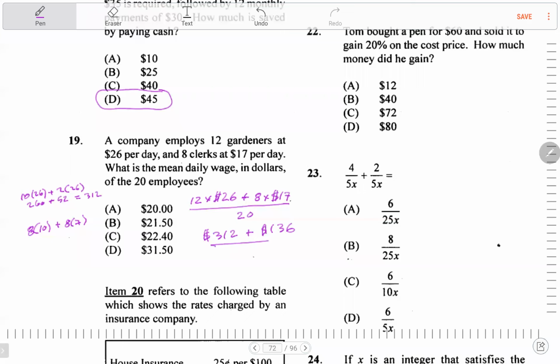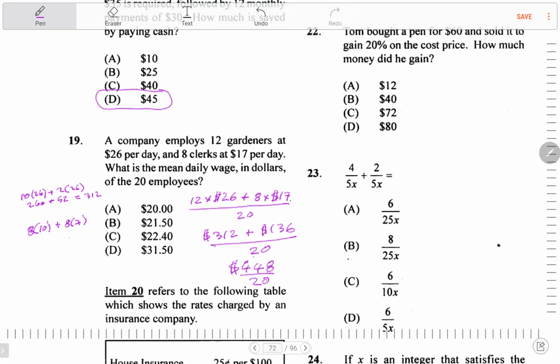136. And divide them by 20. Then you add up this and this now. When you add them up, it becomes 448 over 20.